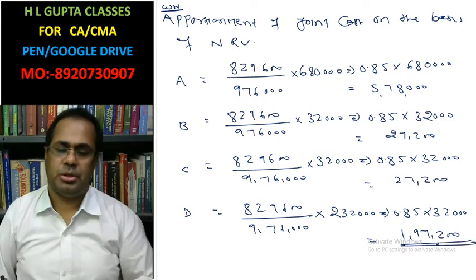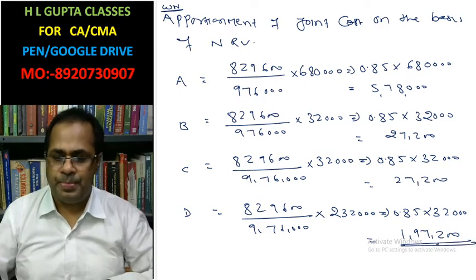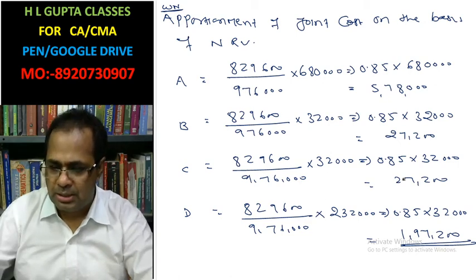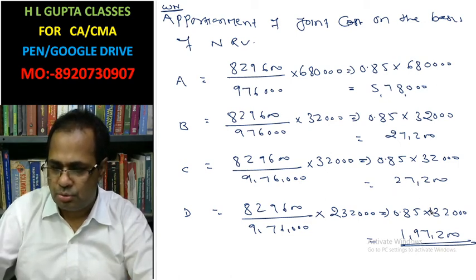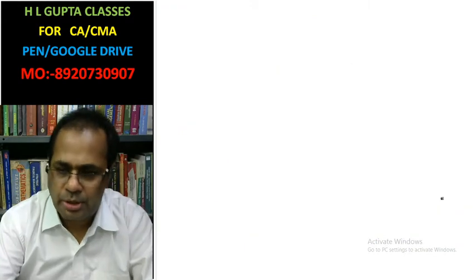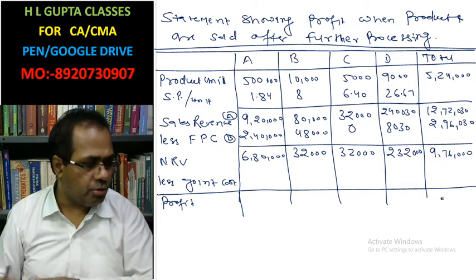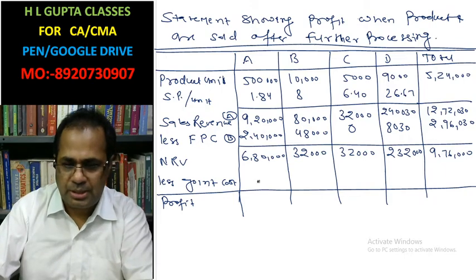These are the costs of A, B, C, D. On this basis we have calculated the joint cost, and this you need to subtract here.